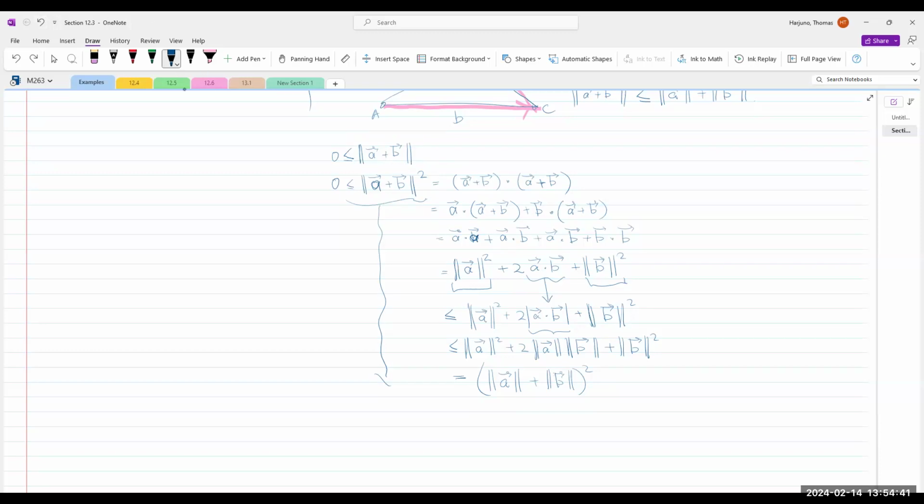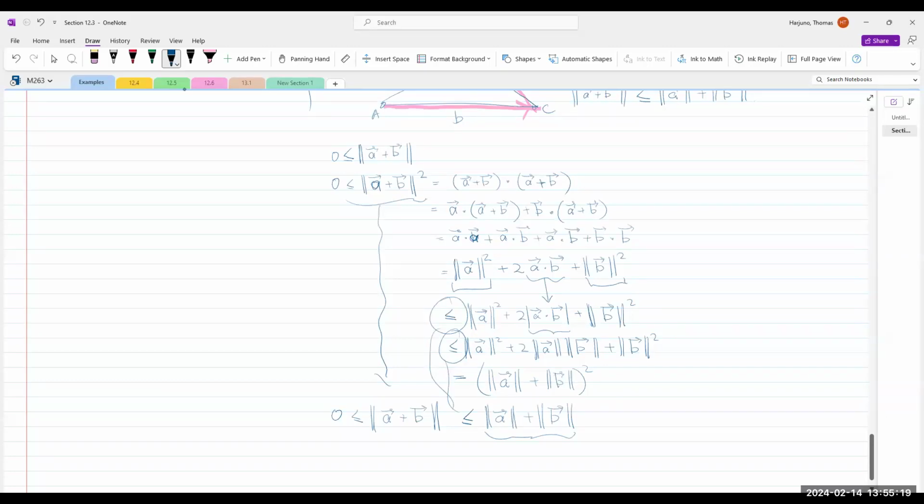In other words, 0 is less than or equal to the magnitude of A plus B, which is less than or equal to this. When I cancel the square, that's the magnitude of A plus the magnitude of B. Notice that it cannot be negative, since each of these will be at least 0 anyway.